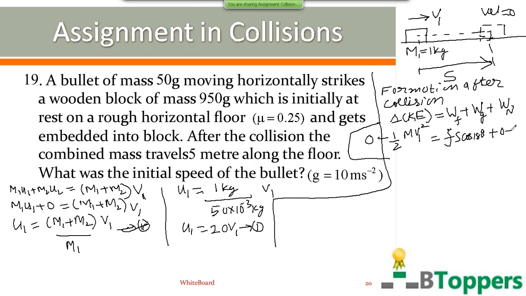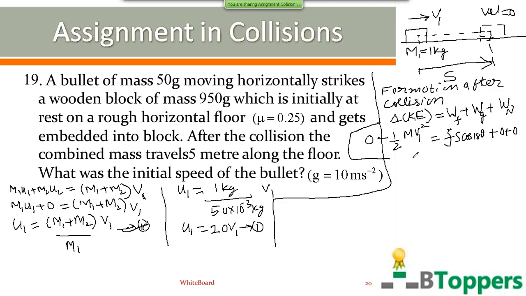Work done by gravitational force is 0 because gravitational force acts in the vertical direction. Displacement is in the horizontal direction. That means work done by the gravitational force will be 0 because the gravitational force acts perpendicular to displacement. The same way work done by normal reaction is also 0. That means for motion after collision, 3 forces act on the combined mass: its weight mg, that is the gravitational force, normal reaction, and force of friction.